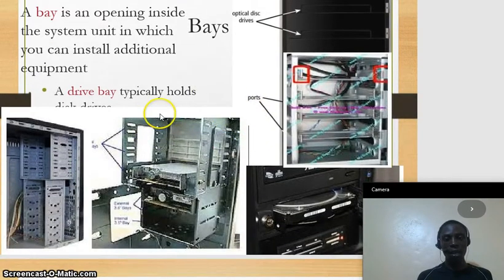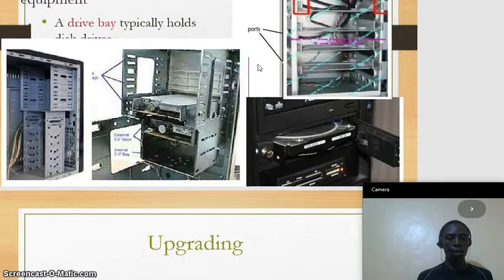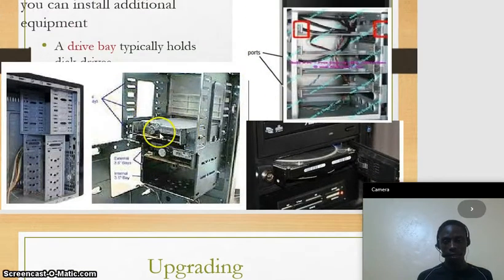So a drive bay typically holds a given kind of component, a CD-ROM drive, a DVD-ROM drive, like that. So there are different bays depending on the design of the case. You would add other bays, add a hard disk, then an external drive, or the CD-ROM drive and the DVD.